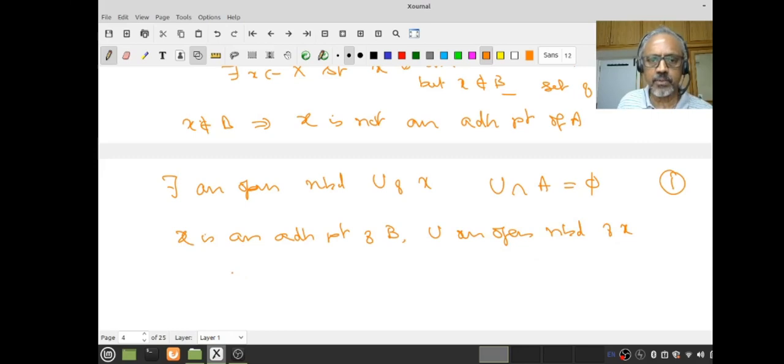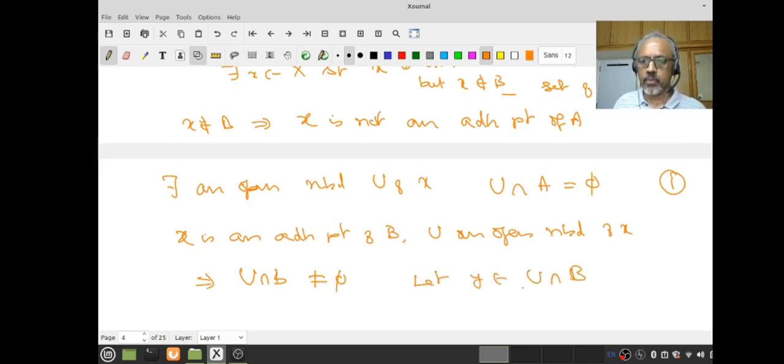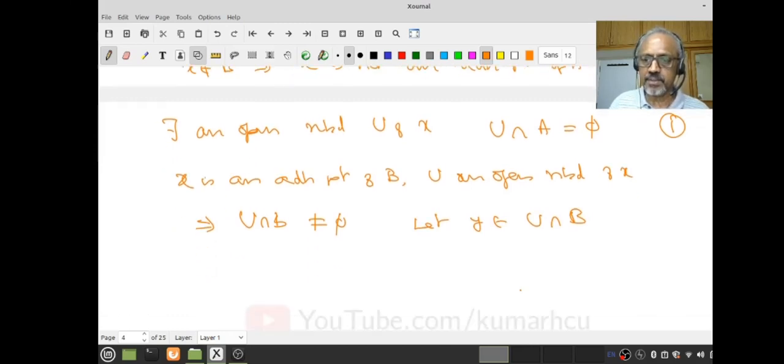Therefore, what can you conclude? U intersection B is not empty. So let y belong to this. Now y belongs to B. What is B? y belongs to B implies y is an adherent point of A.